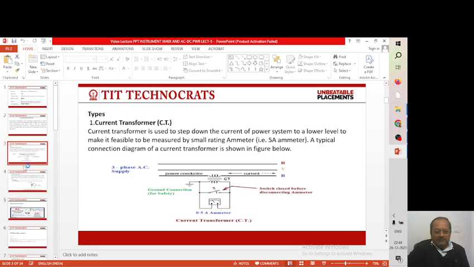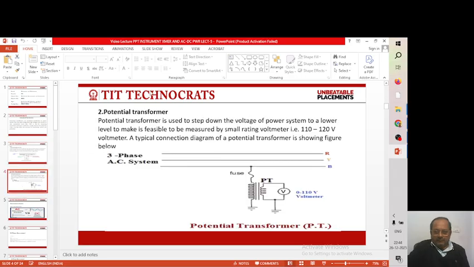Second is the potential transformer. Its work is to step down the high level voltage into low level voltage. This voltage may be 110 or 120 volt.